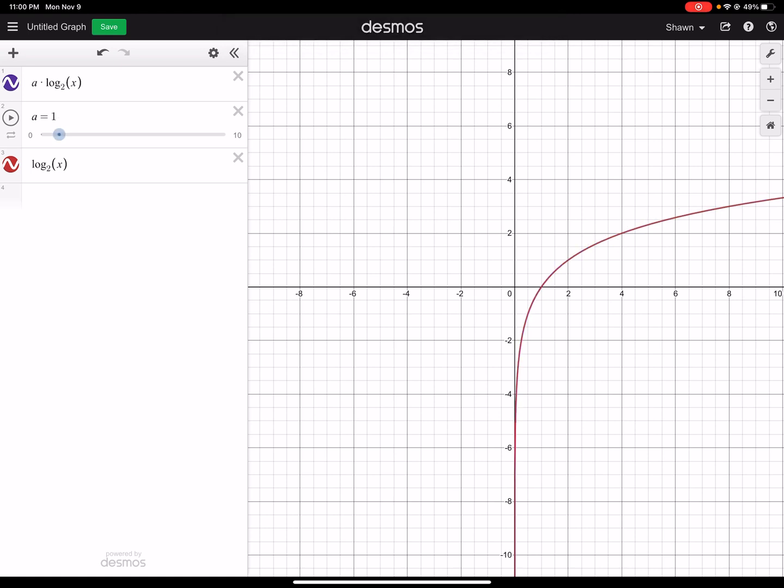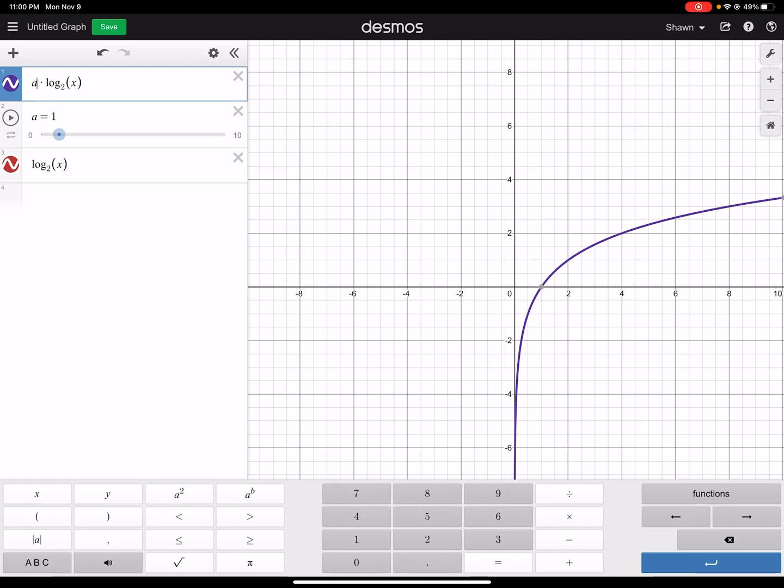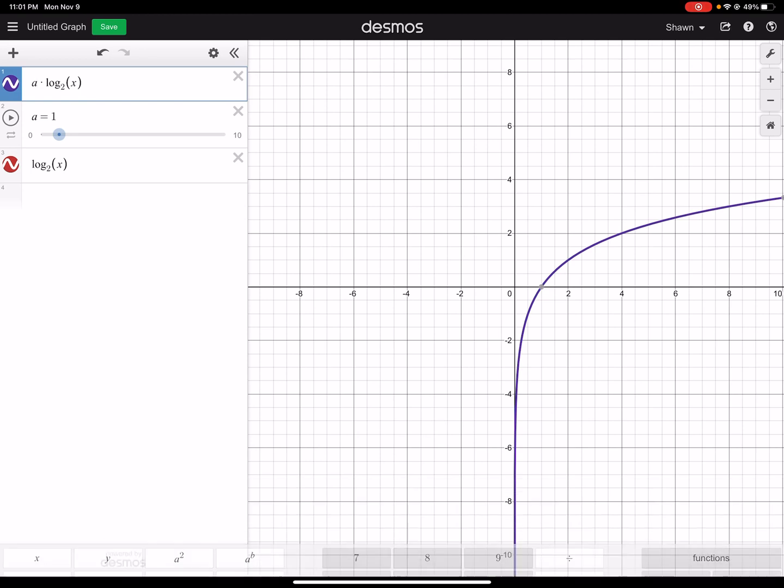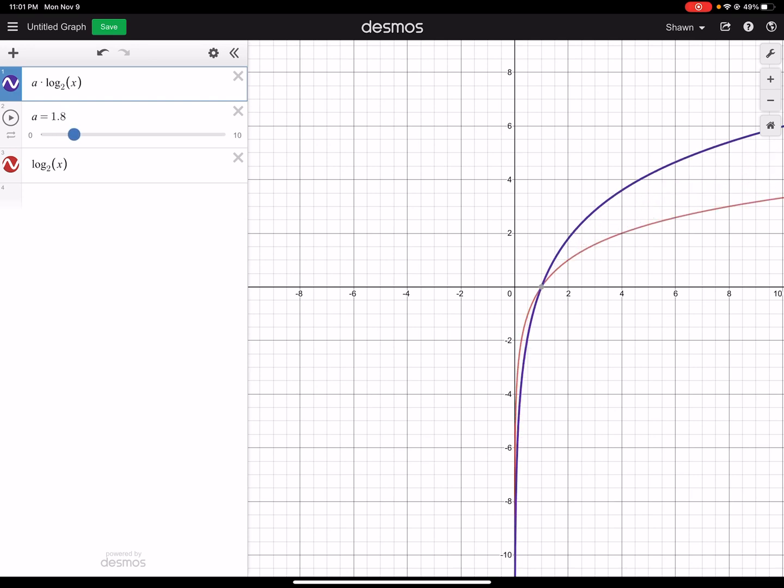And so now what I have is a multiplier out front, and a multiplier, remember, is a vertical stretch. And so what this should do is take these graphs as they lay on top of each other right now and stretch the purple one in the vertical direction. So watch that come into fruition as I let a get larger and larger.